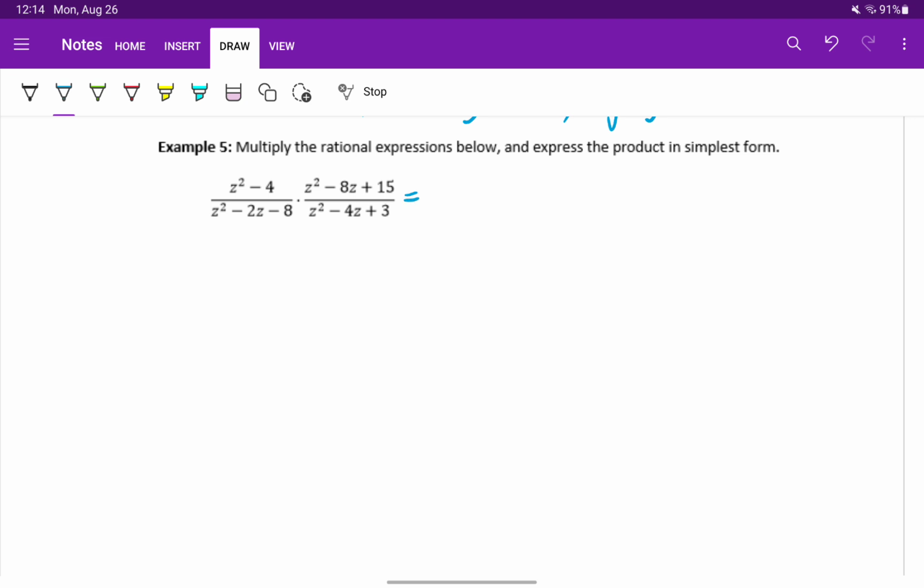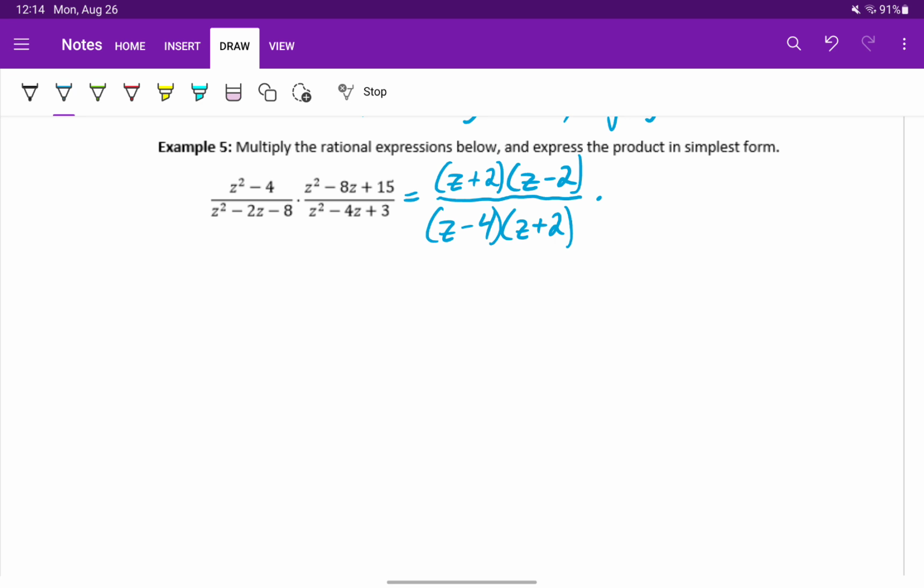So skipping over that, what we'll do is factor the numerator of the first rational expression as z plus 2 times z minus 2. And then we should be able to factor the denominator of that first rational expression as z minus 4 times z plus 2.